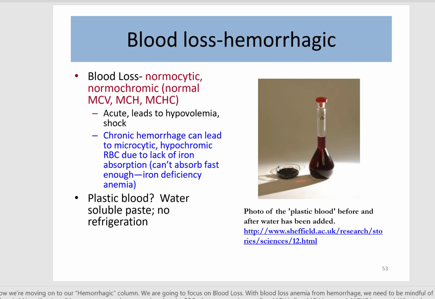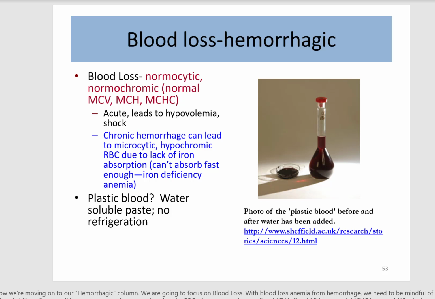The reason why it's a problem now with red blood cell synthesis is because your small intestine cannot keep up with the iron absorption. The demand for iron in your red blood cell synthesis is too great for your small intestine to keep up with. So it leads to an iron deficiency anemia, which means with chronic hemorrhage, it turns into the light blue category.